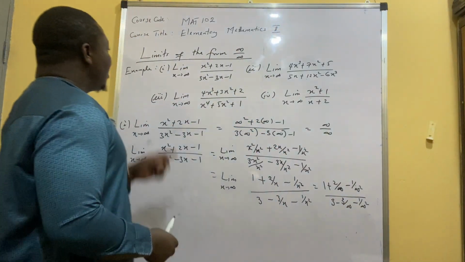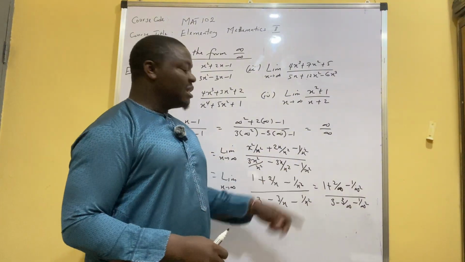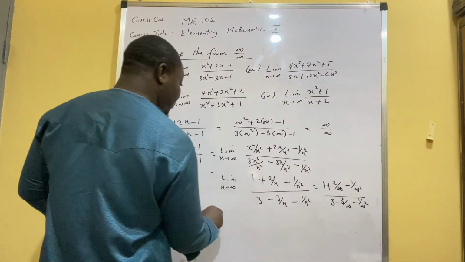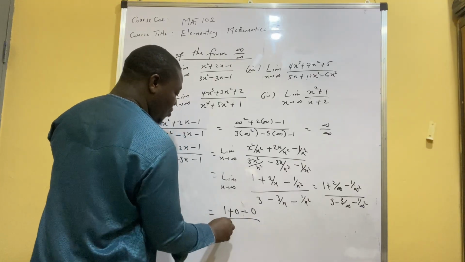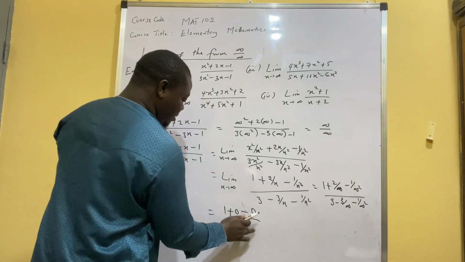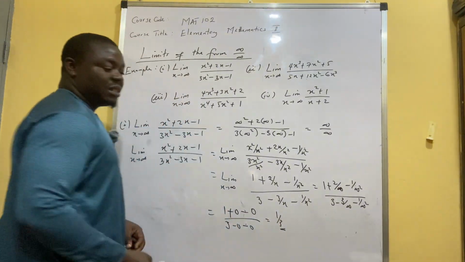Recall the notes we wrote earlier that a constant divided by infinity will give 0. So this simplifies to 1 plus 0 minus 0 over 3 minus 0 minus 0, and this will be 1 over 3. That implies that the limit is 1 over 3.